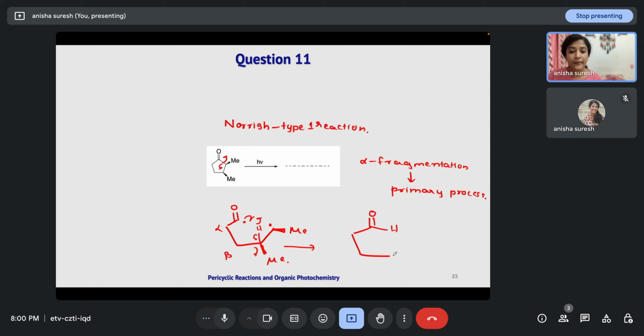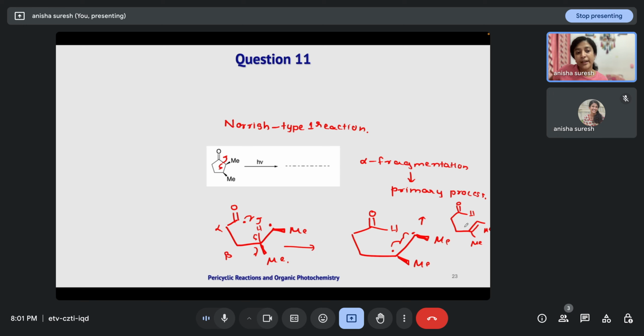Hydrogen, okay, Me, Me. So these two can recombine, leading to formation of Me, Me.